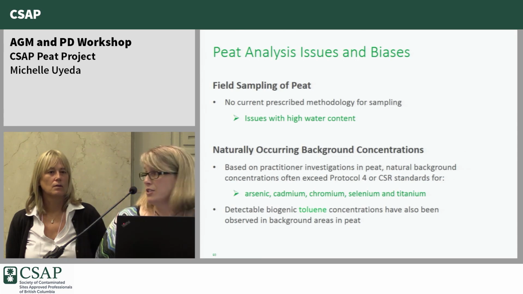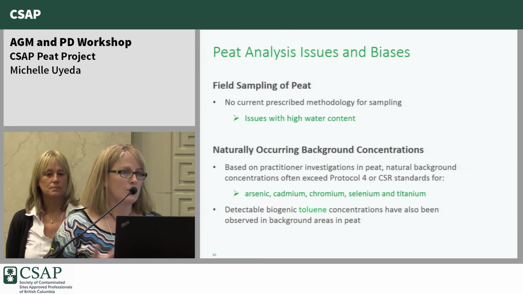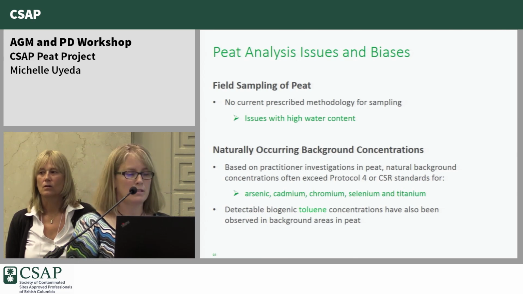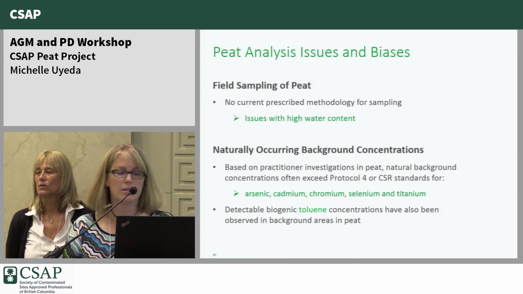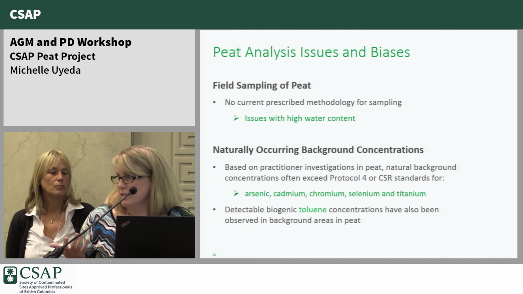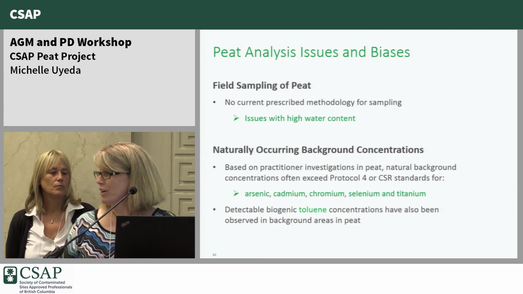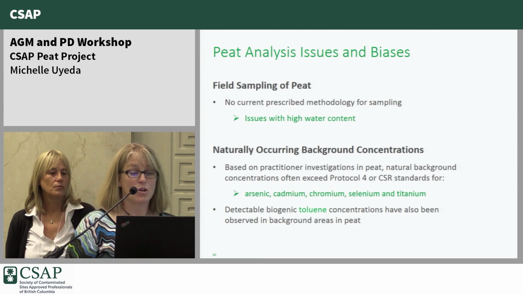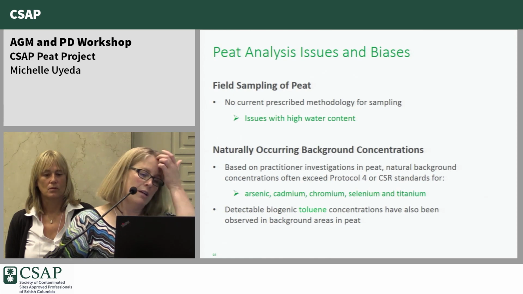So some of the issues and biases encountered by practitioners, one is field sampling of peat. Right now there's no current prescribed methodology for sampling, which can lead to issues, especially because of its high water content. Also, there are naturally occurring background concentrations.